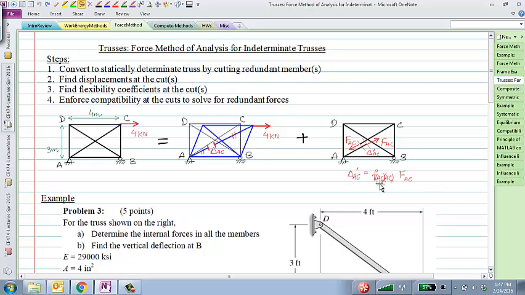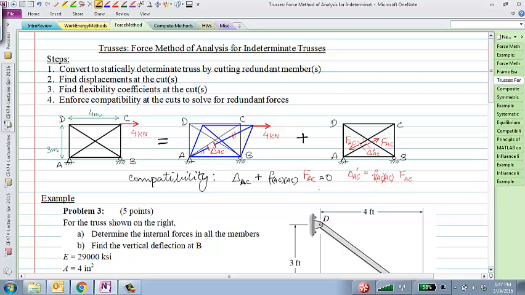And if I take that flexibility multiplied by the unknown force and add it to this, then I get the compatibility equation, which I'll write like this. Compatibility would be simply that delta AC plus FAC-AC times the unknown internal force AC equals 0.